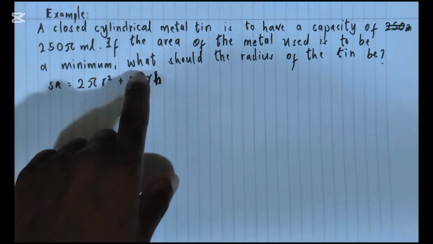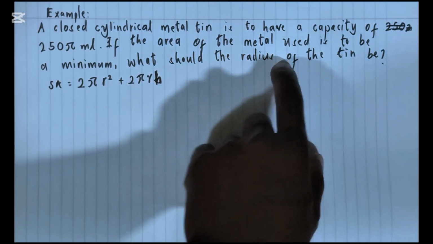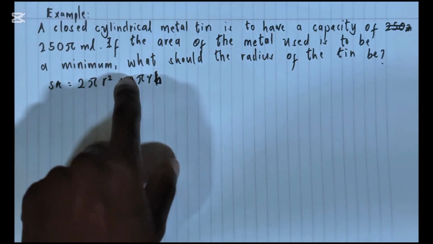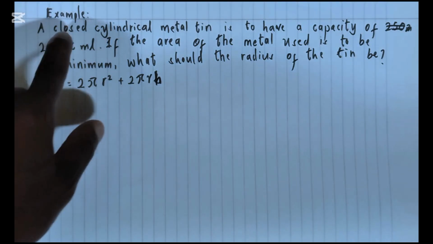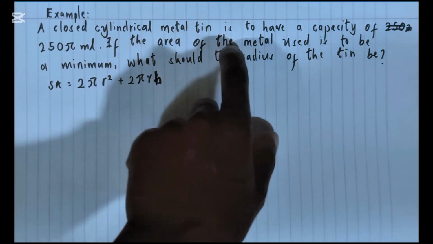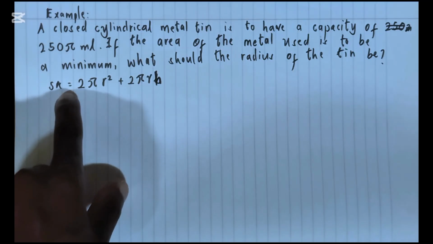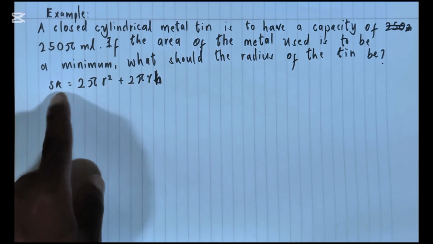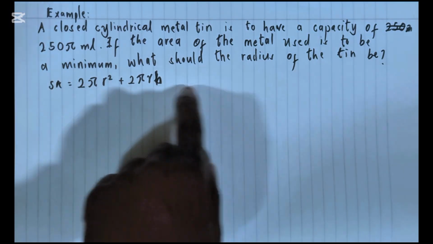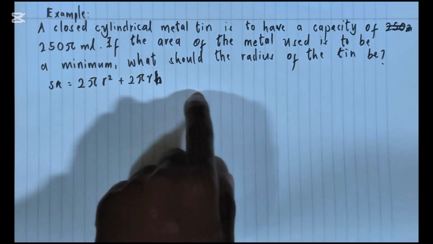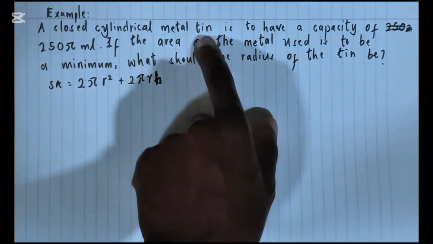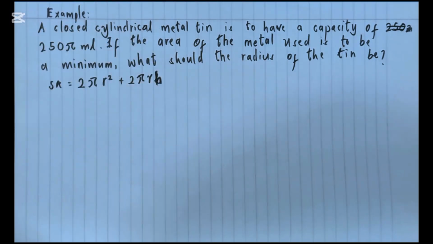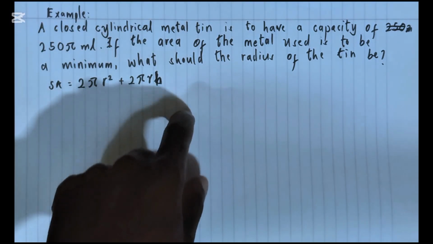If we are supposed to find the radius of this tin, given that the metal used was minimum, then we are supposed to find the first derivative of this function with relation to the cylindrical tin, and then equate it to 0.